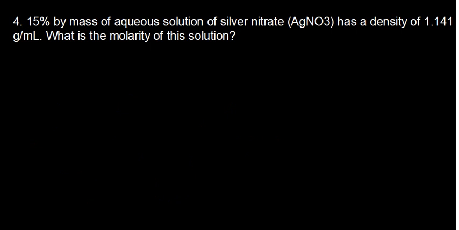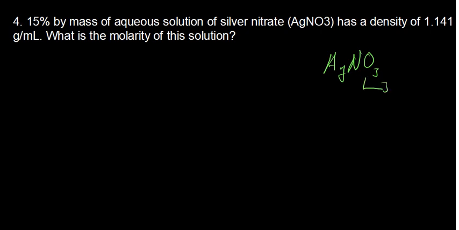A 15% by mass aqueous solution of silver nitrate has a density of 1.141 grams per milliliter. What is the molarity of this solution? So we have been given silver nitrate. Let's determine the molecular mass.